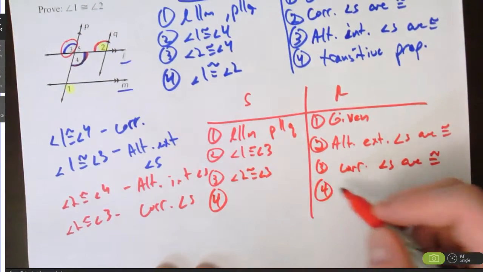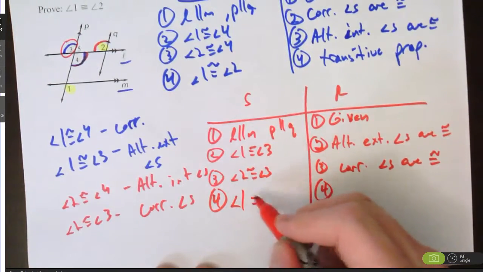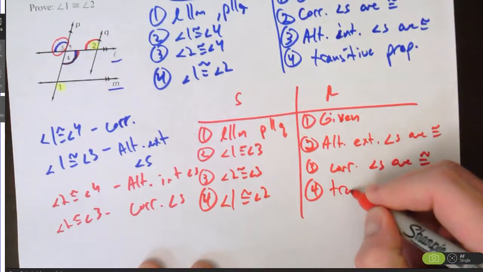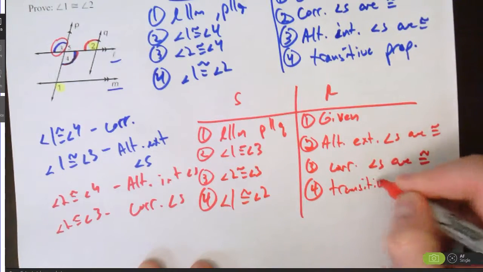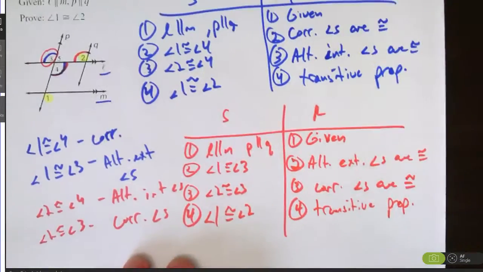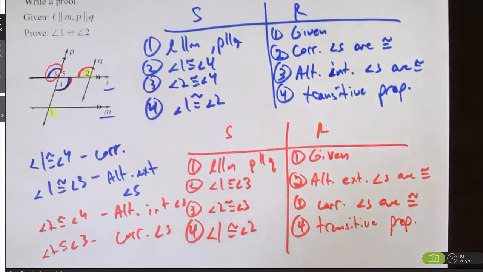And then 4, angle 1 is congruent to angle 2 because they're both congruent to angle 3. That's the transitive property. Okay, and so there are just two different ways to do the exact same proof, those two problems there.